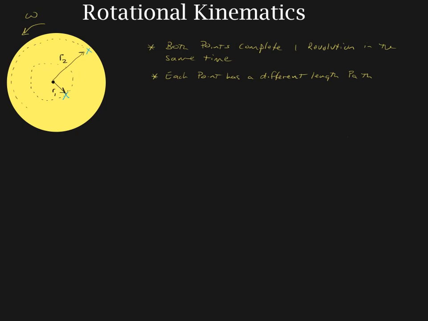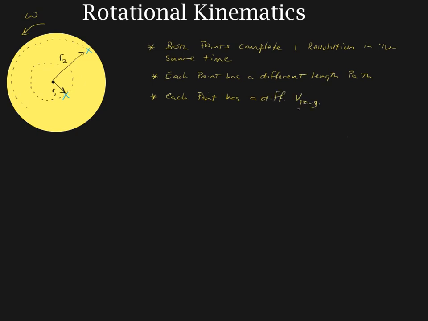And so it's very easy to see that each one is going to travel through a different distance. So in order for these two conditions to be true, that's going to imply that each of those two points has a different tangential velocity.